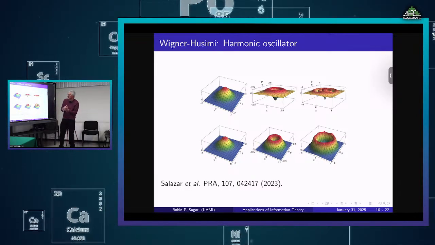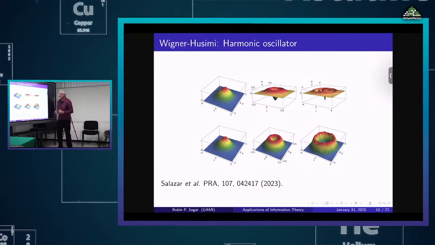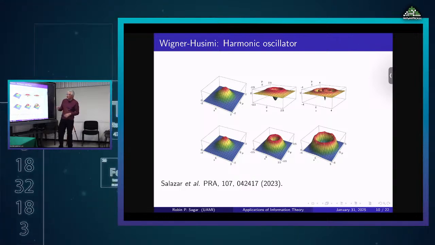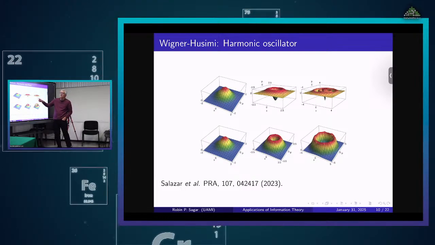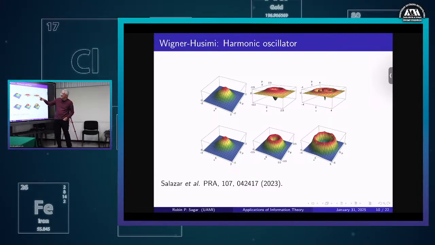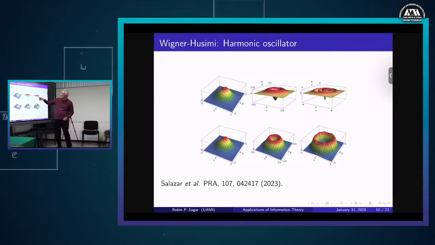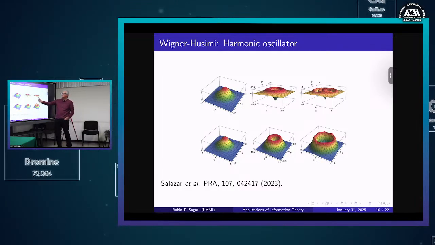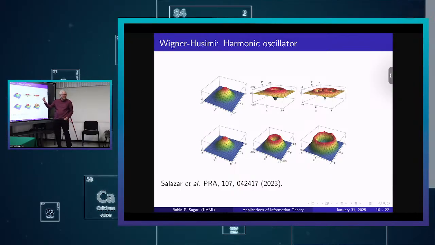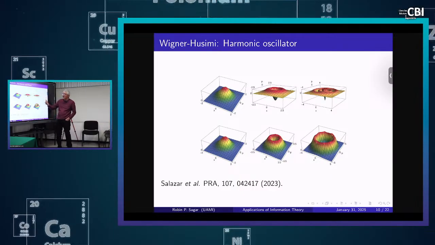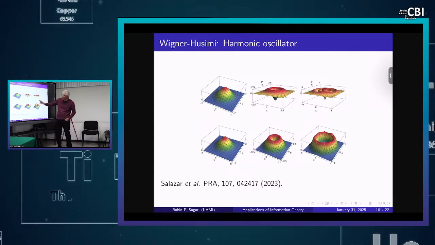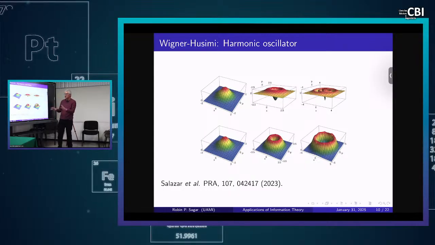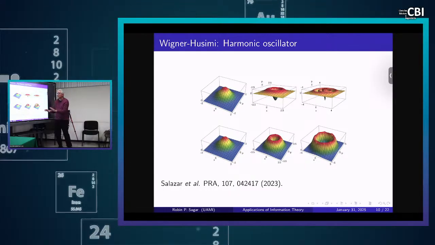But in the excited state, you see a negative region introduced into the Wigner function, and the negative region is still there in the more highly excited state. Now contrast that with the Husimi function at the bottom: you don't see those negative regions.